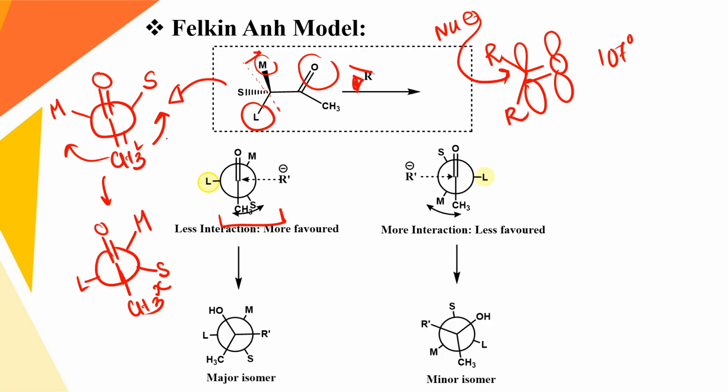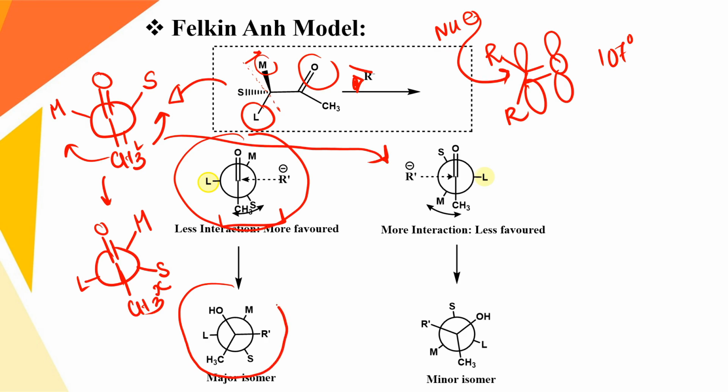If we rotate the other way, we end up with an intermediate where the methyl group as well as the medium group are in closer proximity. So there is a higher chance of steric repulsion there. That is why this intermediate is preferred over the other two, and after attack we get this as the major isomer over this, which is the minor isomer.